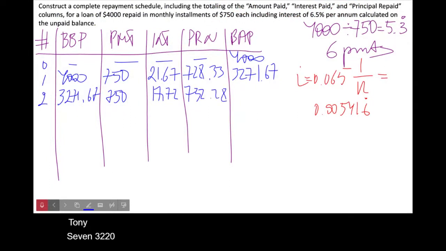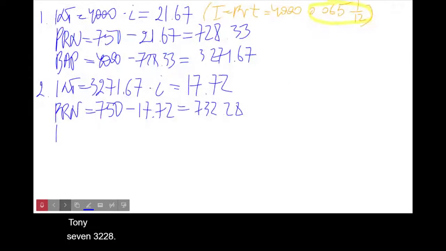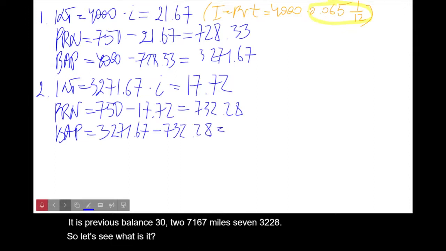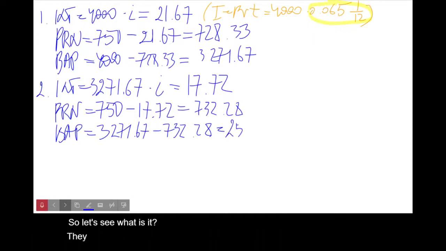And balance after payment is the previous balance 3271.67 minus 732.28. So let's see, what is it? We have 2539.39.